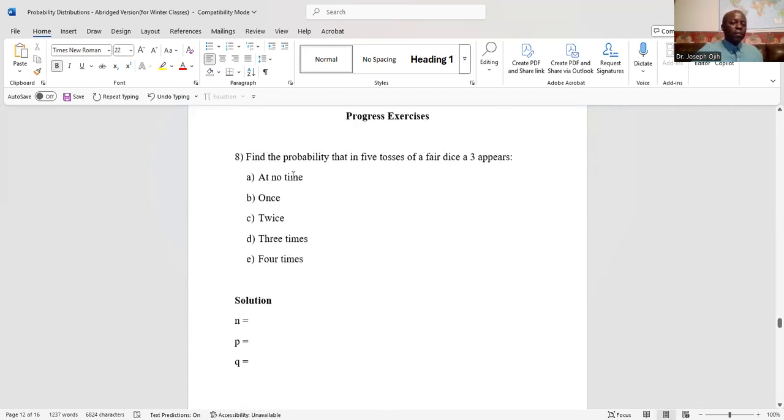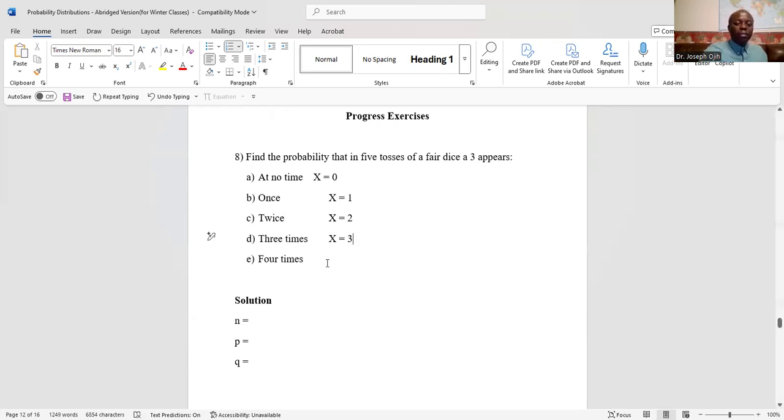So for this one, X appears at 0 time. For this one, X appears 1 time. For this one, X means it appears twice. For this one, X appears 3 times.